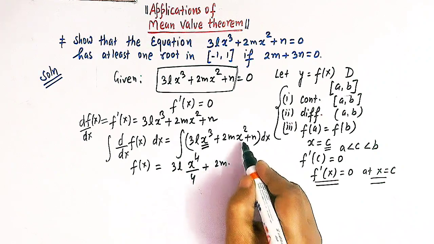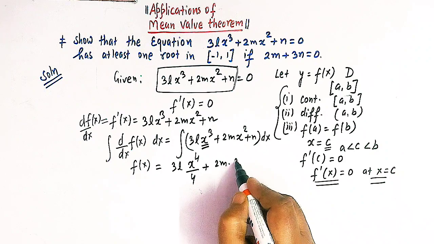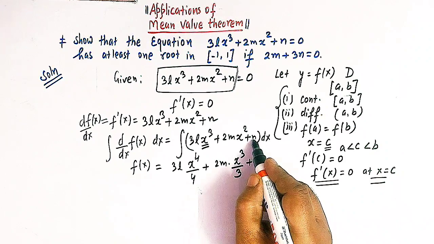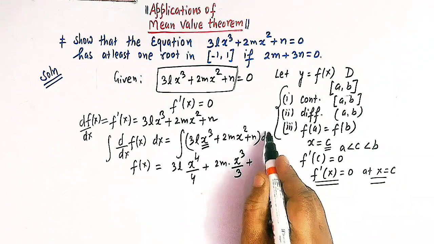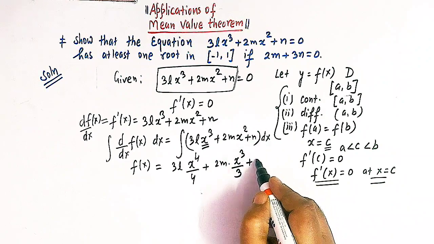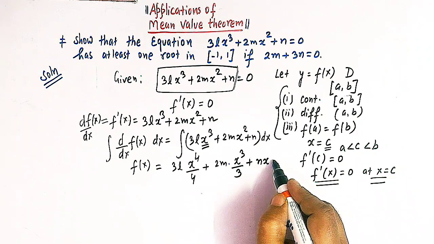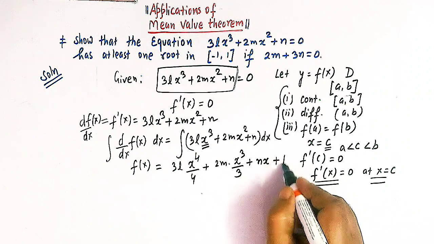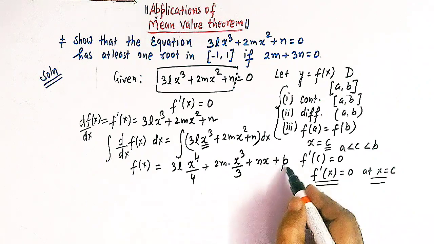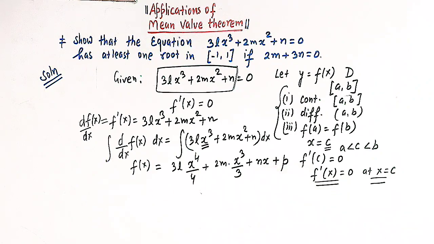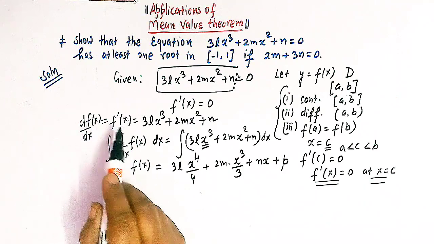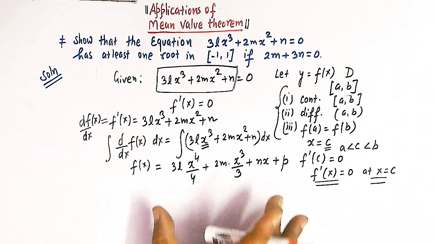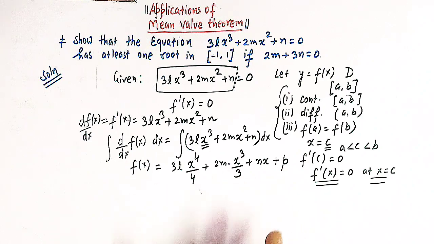Here 2m x square has the integral x cube over 3, and here we have simply n. The integral of n dx is n x, and we have the constant of integration, say p. So by integrating this function, we have obtained the form of the function f of x.